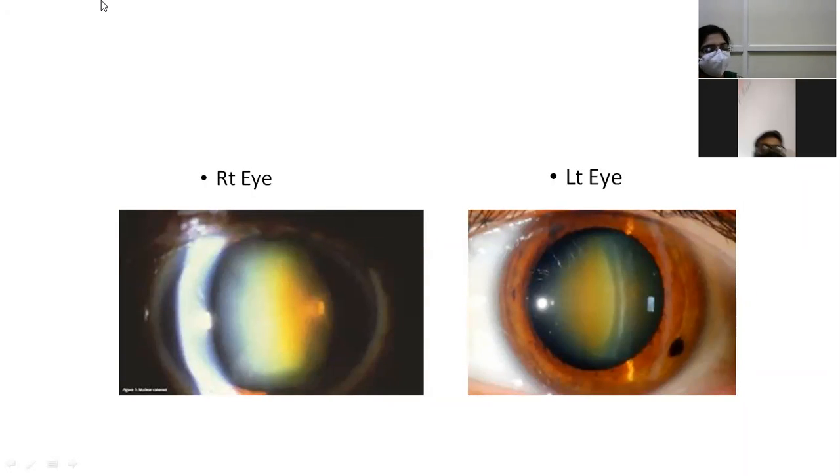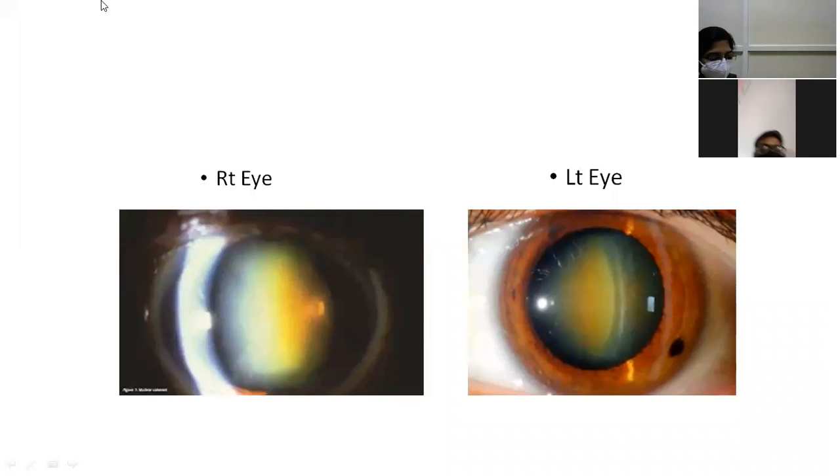Next, what do you do after both the steps? Nuclear management is done, sir. How? Prolapse of the nucleus out of the capsular bag, into the anterior chamber. Next. Then delivery of the nucleus outside through the corneoscleral tunnel which we had made.